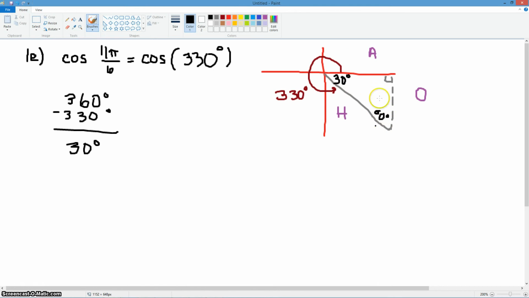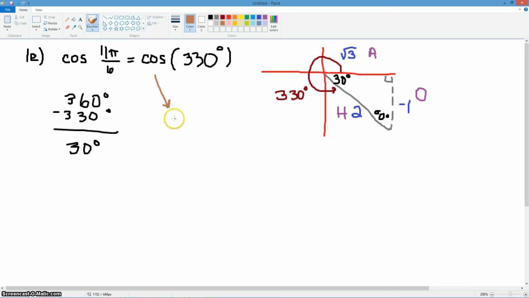So, directly across from the 60 is going to be your radical 3. Across from your 30, this is going to be 1, but more specifically, it's going to be negative 1. And then this one's going to be your hypotenuse, which will be 2. So, what trig are we doing in this case?